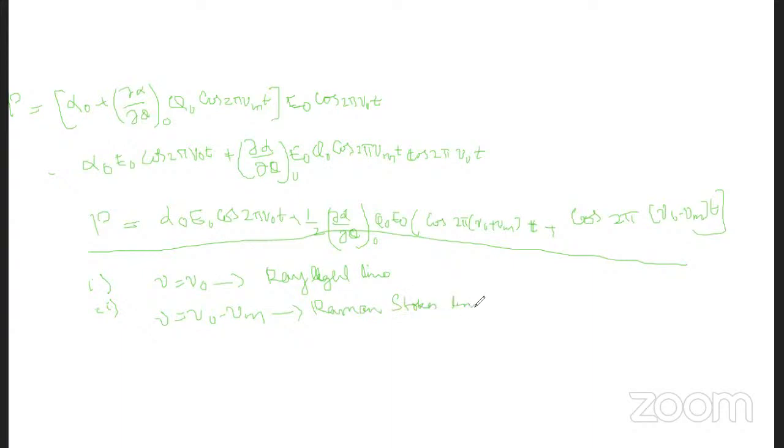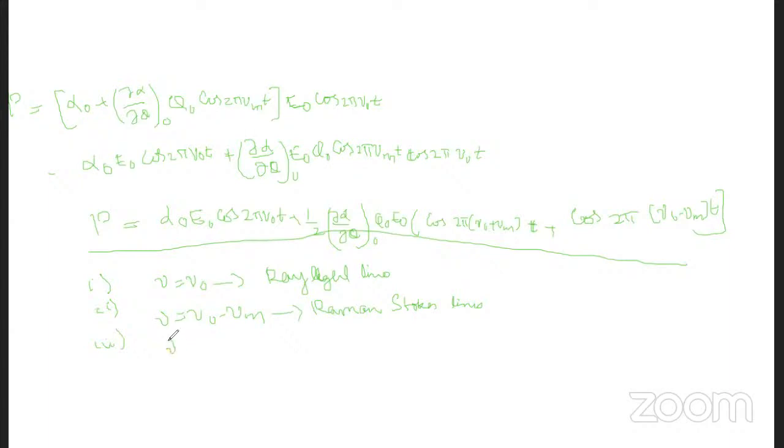In the case of the Raman Stokes lines, the frequencies are lesser. The frequency of the scattered photon is nu naught minus nu m, the original frequency minus nu m. That is nothing but a lesser frequency. That is what we call the Raman Stokes lines.